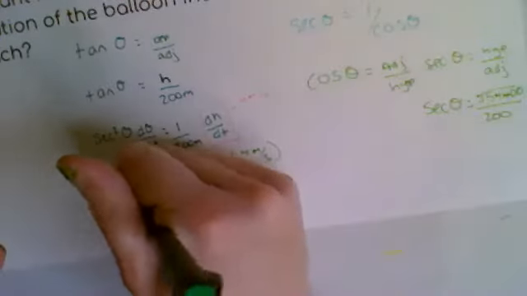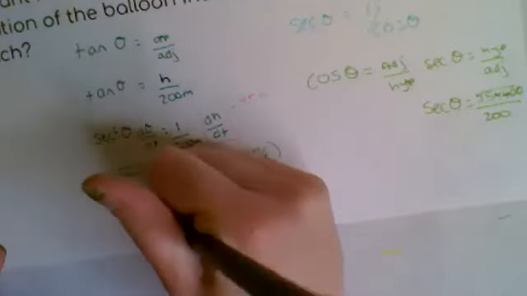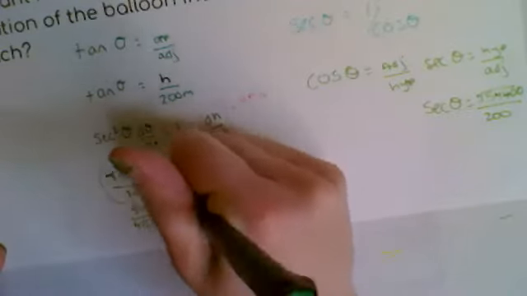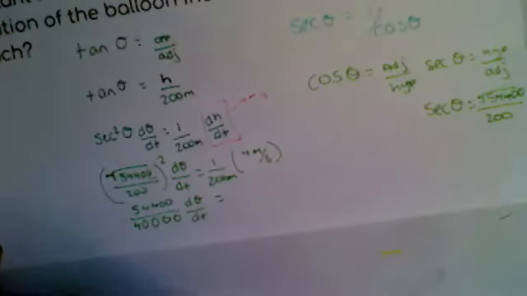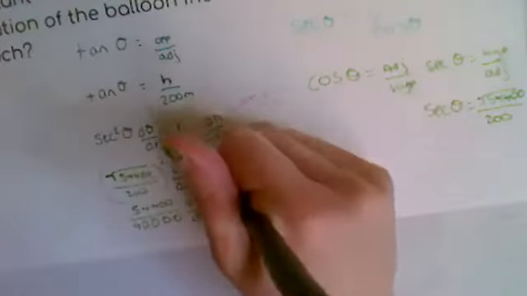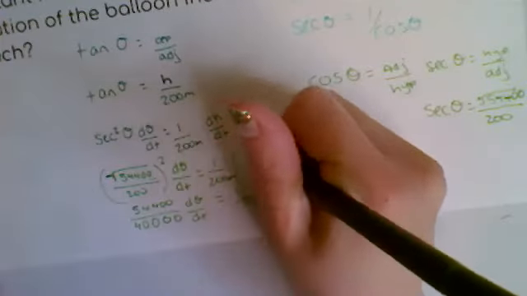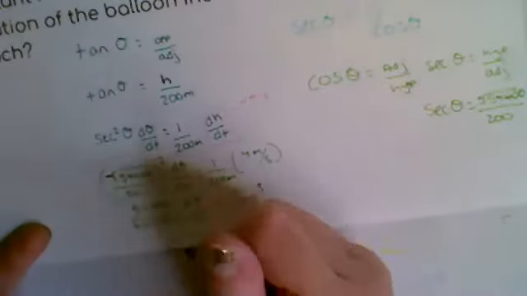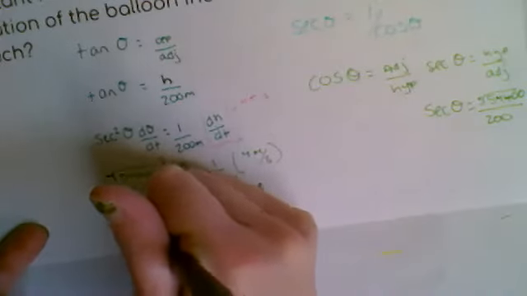40,000, not 4,000. d theta dt equals 4 over 200. Meters are going to go away, and this is just going to be seconds. And then we're going to end up dividing by this.